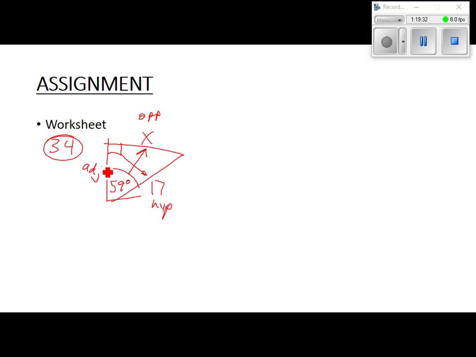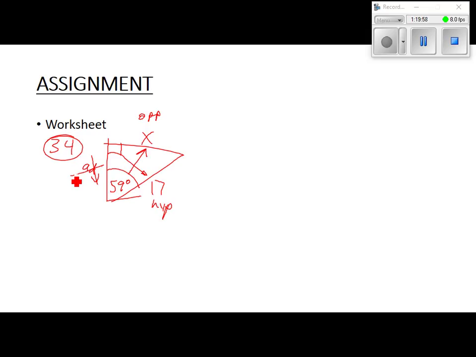The next part that most people get stuck on is they don't know which trig ratio, sine, cosine, or tangent to use. This one would be sine. The way you decide what to use is number one, we look at the sides. Which side do we care absolutely nothing about? The adjacent this time. They didn't tell us the adjacent, we're not looking for the adjacent, so I mark it out.